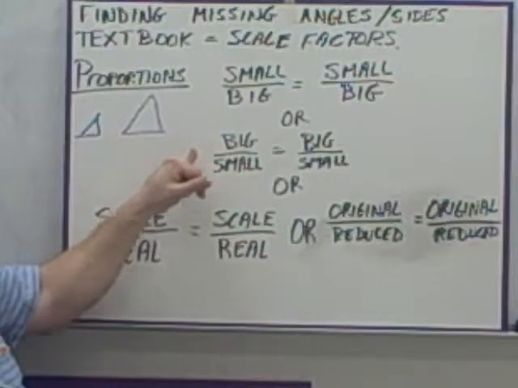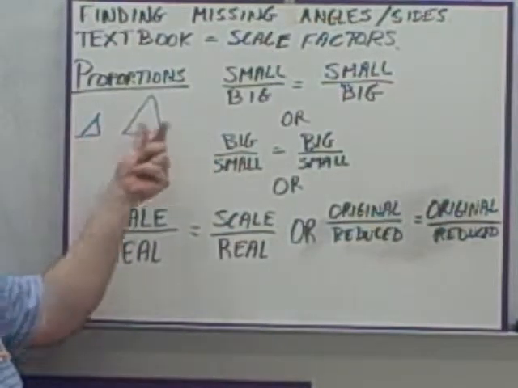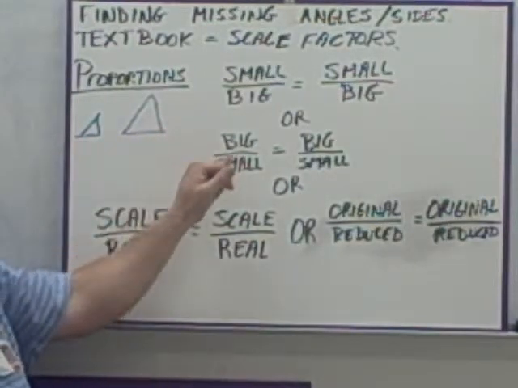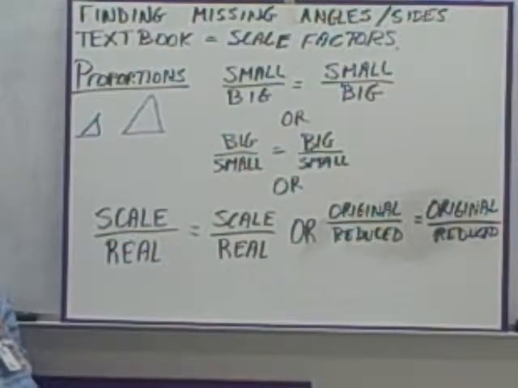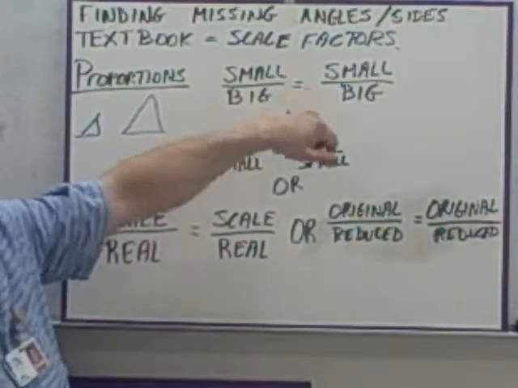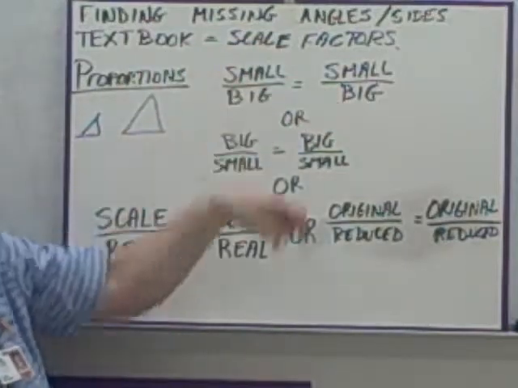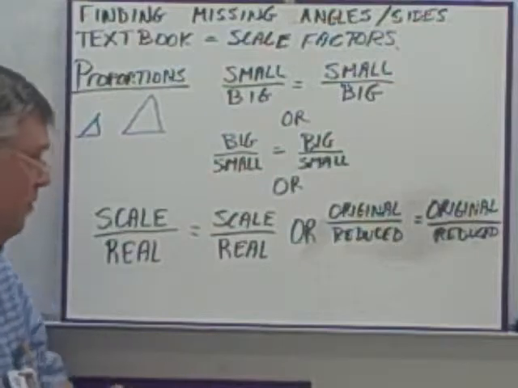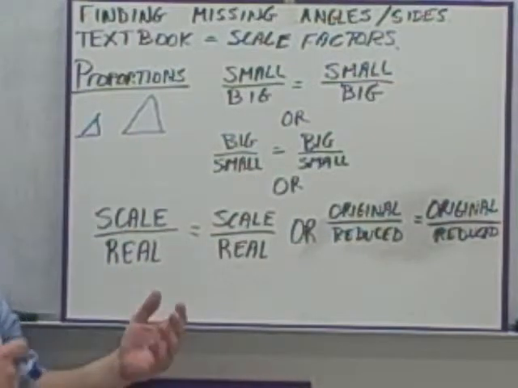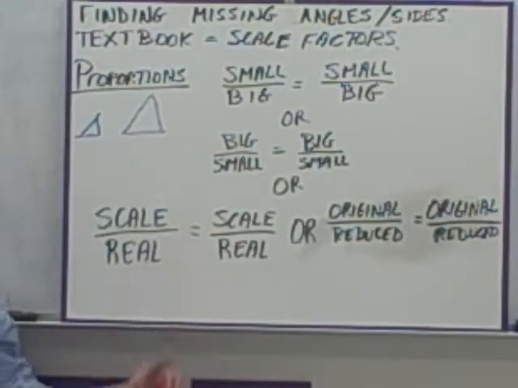You can even set it up big to small, the big side over the small. As long as you're big to small, you're fine there. You can't do small to big to small, setting them equal. That is not correct. Now, you may not be given two pictures like this. You may be given some information about a scale drawing.